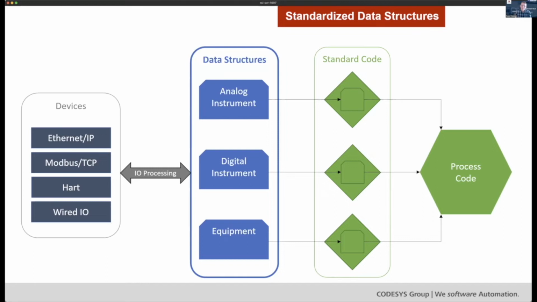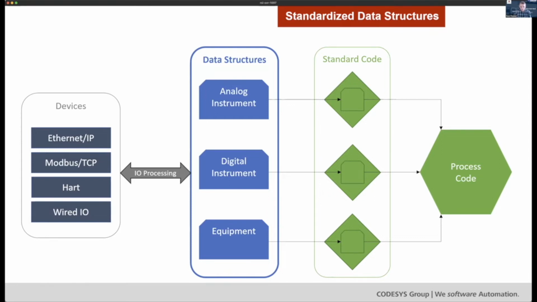So what we did was we created standard data structures for these three types. For instance, with an analog instrument, you almost always want to alarm on that, right? So why not just build a handful of alarms into that analog instrument, and you can determine whether you want to use them or not in the code, but they will always be there.